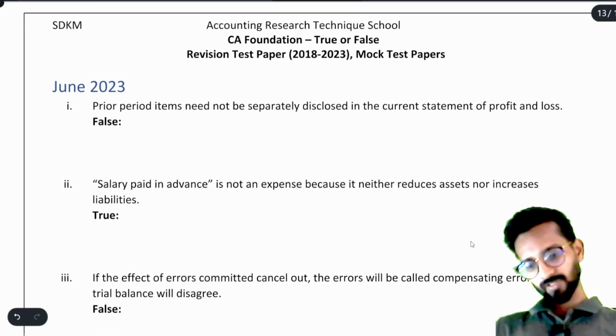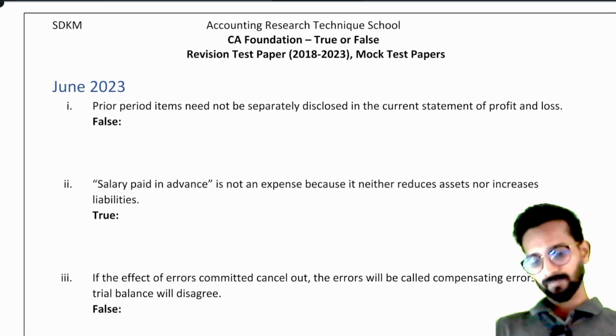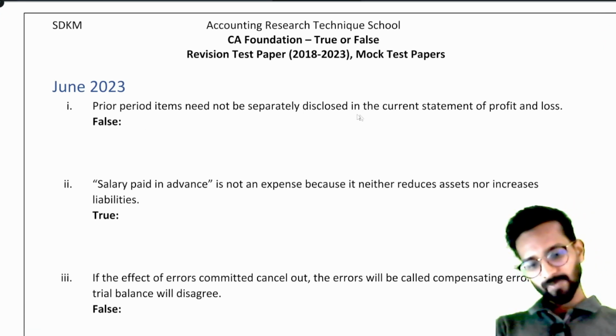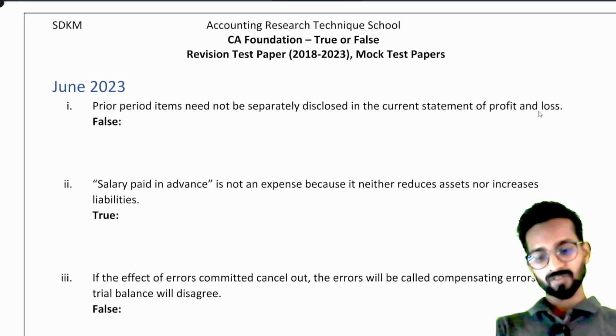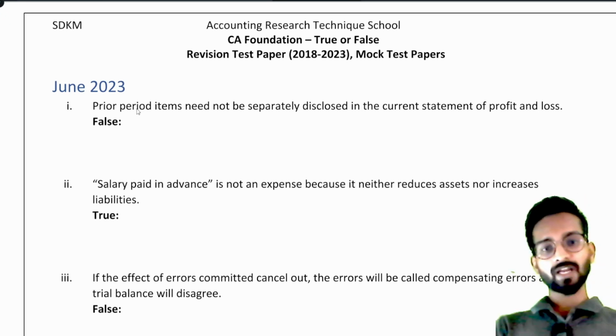Then June 2023. Check. What is the first question? This is the most recent RTP. Prior period item need not be separately disclosed in the current statement of profit and loss. The entire focus of prior period item is that we need a separate disclosure. Okay.